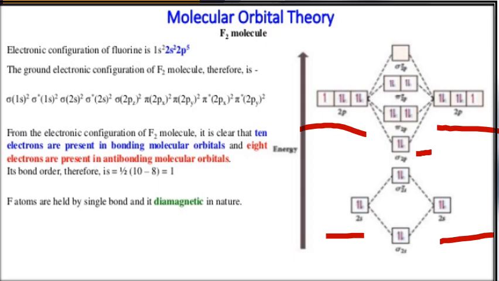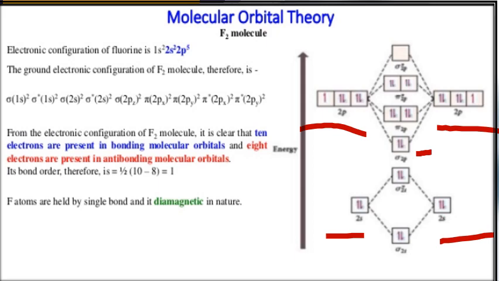Now here 5 electrons are present for each of the p orbitals, so they are accommodated like this: one of the p orbitals will hold 1 electron while the other two will hold a pair of electrons. In total we have 10 electrons to be accommodated, so place 2 electrons in sigma 2px, then 4 will be accommodated in pi 2pz and pi 2py.